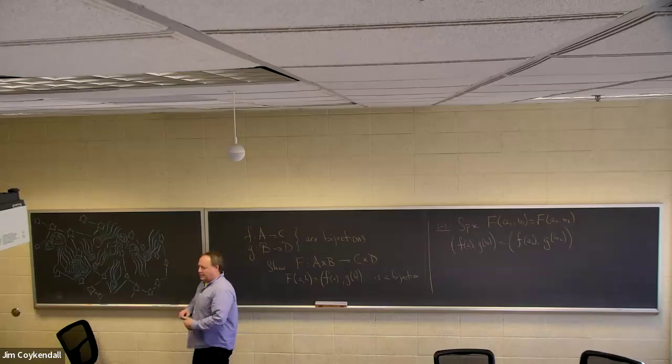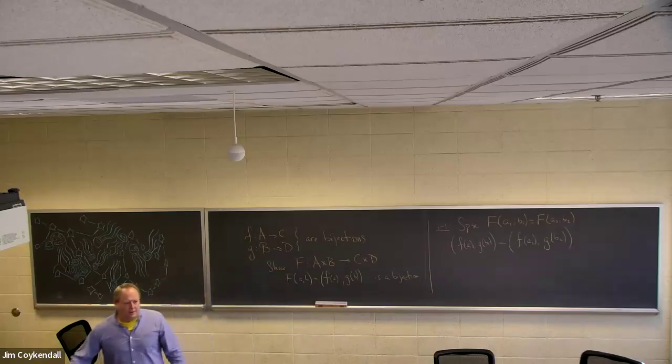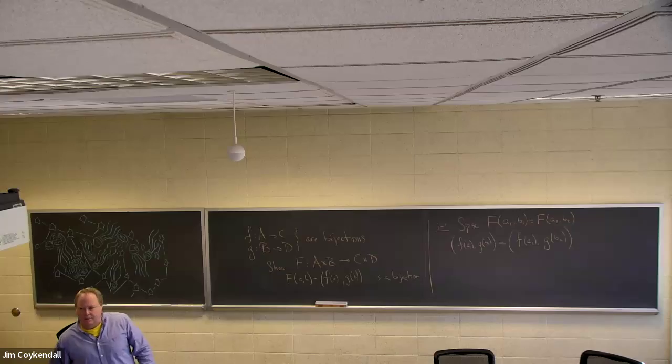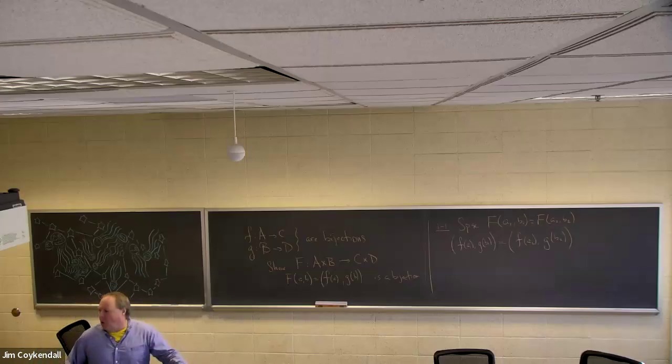So where do we go from here? That's essentially it, right? What does it mean for two ordered pairs to be the same thing? It means the coordinates have to match, right?